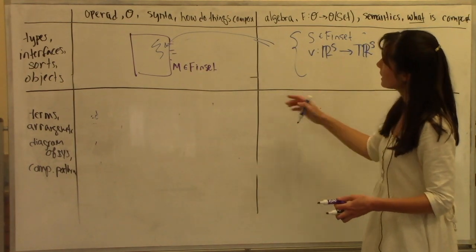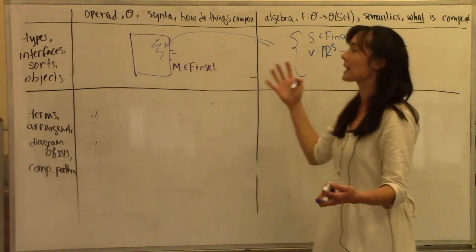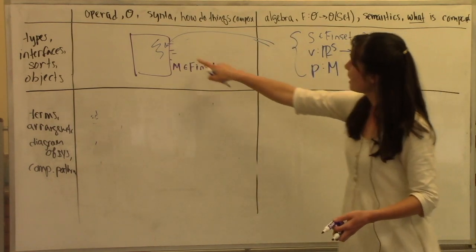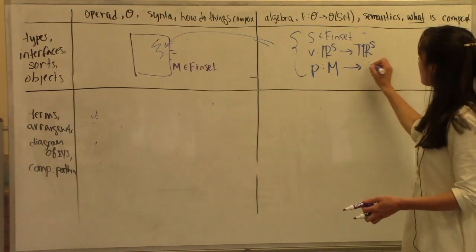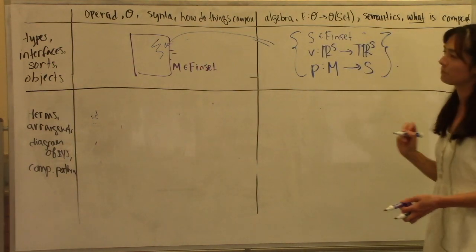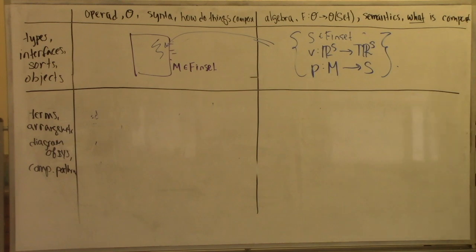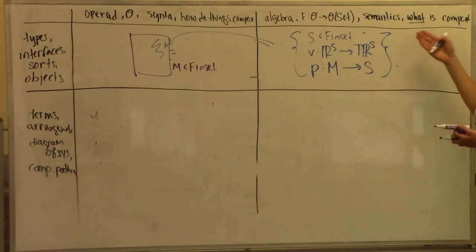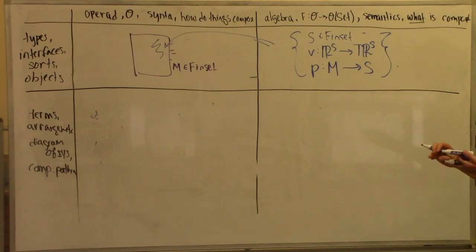And this is an open system. It interacts with the outside world. So I need a port map that assigns to each exposed port a state that it exposes. So now I've told you the types of the systems, and this is the contents of the dynamical systems.